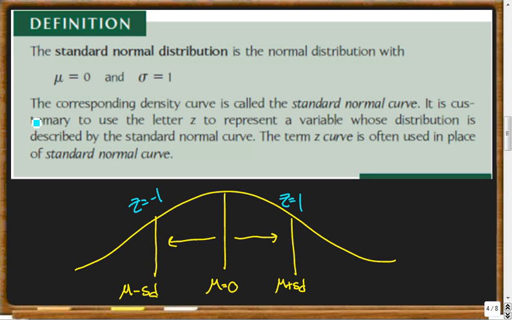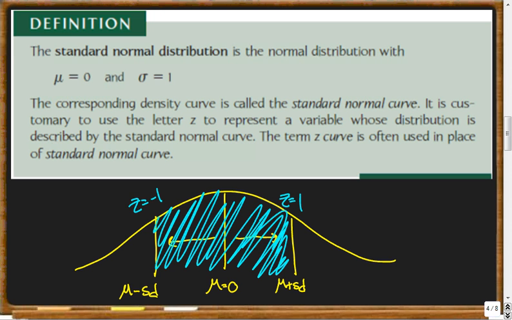Now, using the standard normal distribution, we could find lots of information about different problems, and we'll use this quite often. Like if we were to try to find what is this area in between these, going back to the previous slide, we need to use our normal CDF.